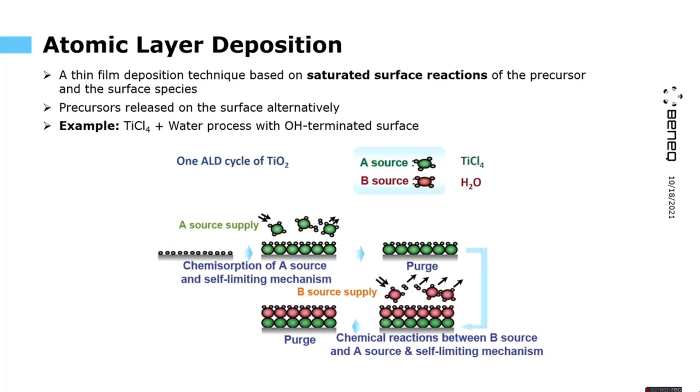In the first step, we saturate the surface with the titanium tetrachloride precursor, and in the second half of the ALD cycle, we introduce water as an oxidizer that saturates the first monolayer of titanium dioxide. This also defines the accuracy of ALD, so we can really grow the film with 1 molecular or atomic layer accuracy in thickness. And the same goes for conformality.